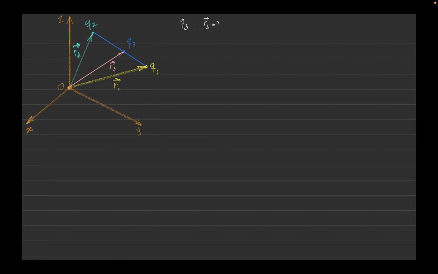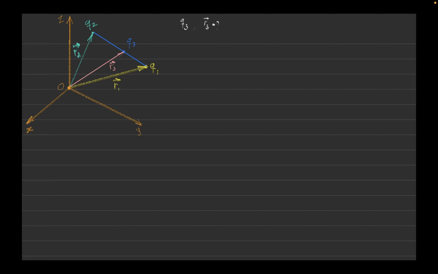I want to show you that these 3 pieces of information are not independent. There are only 2 independent pieces of information, exactly the number of unknowns I'm looking for. The reason is that we also have Newton's third law.